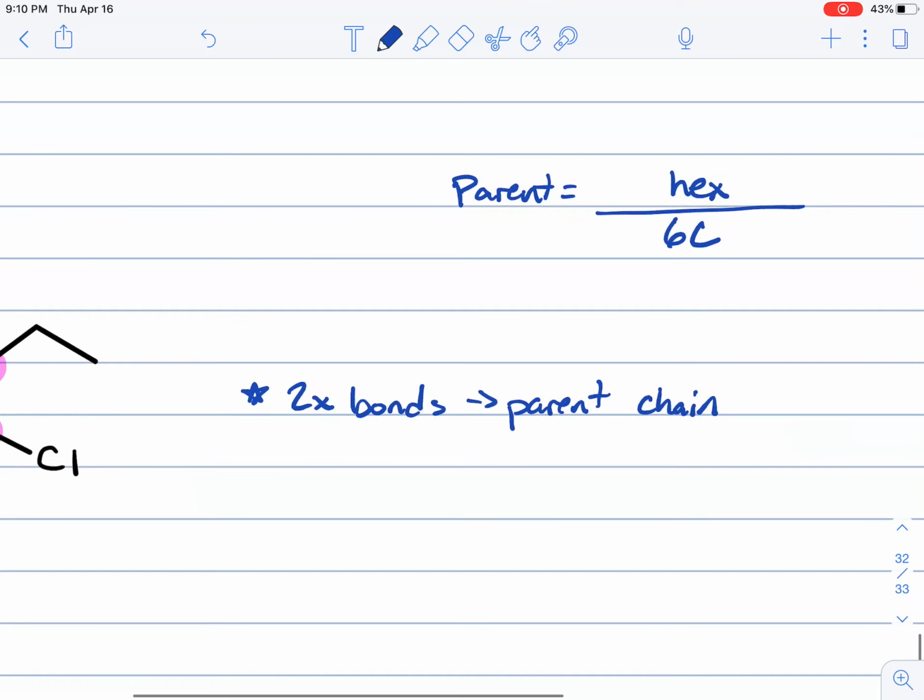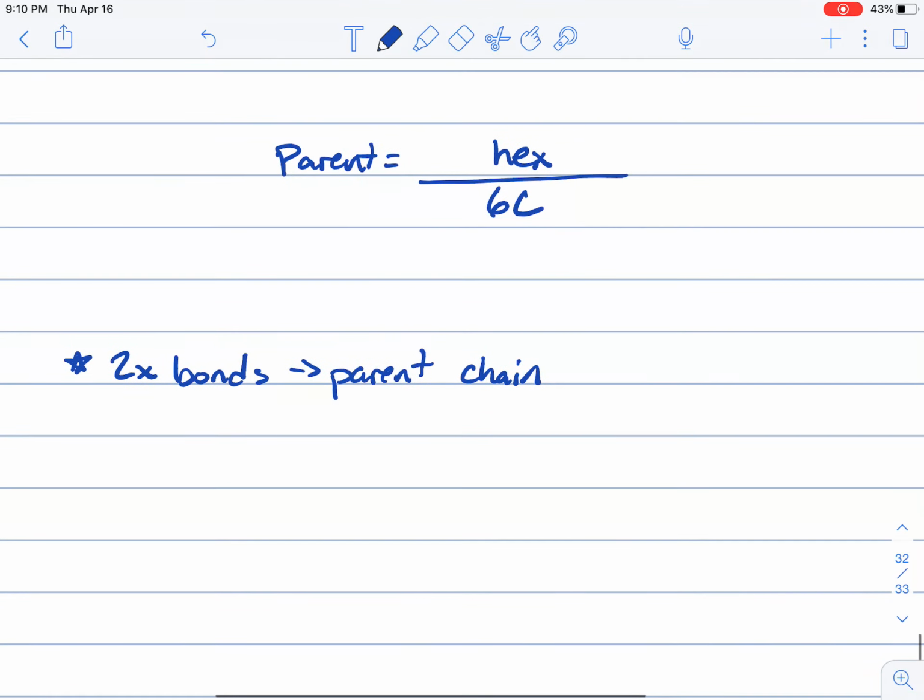And so since I have 2 double bonds, I just can't say hexene, very similar to if I have 2 methyl or 2 ethyls. I have to say hex diene. So the di means I have 2 double bonds.